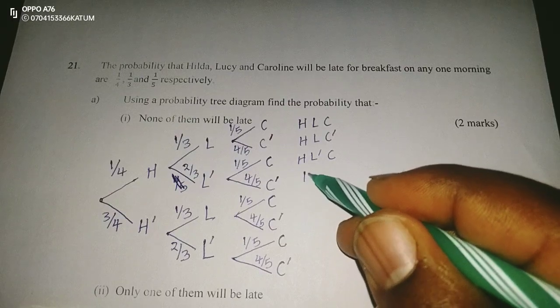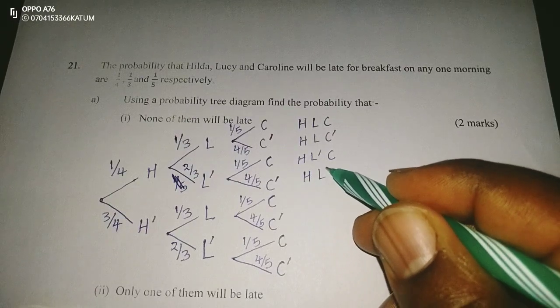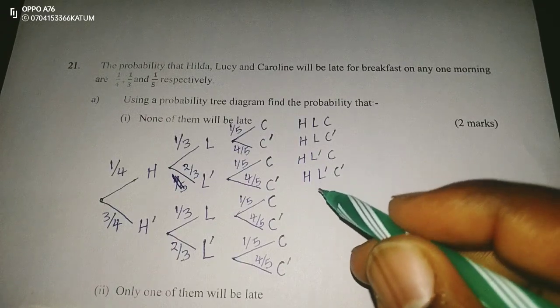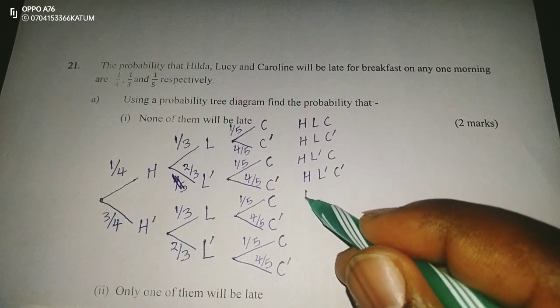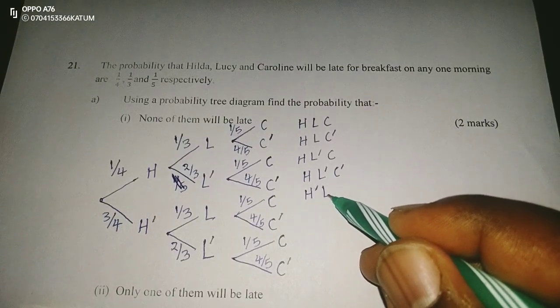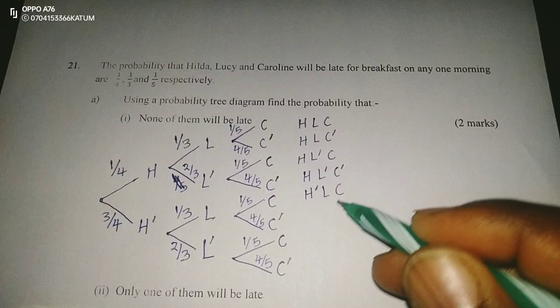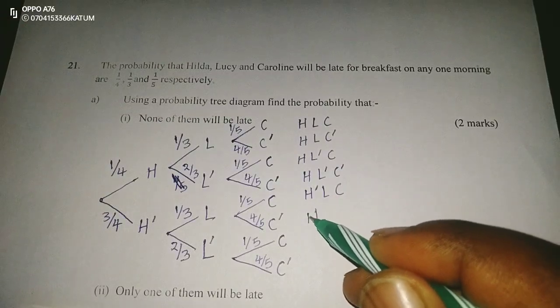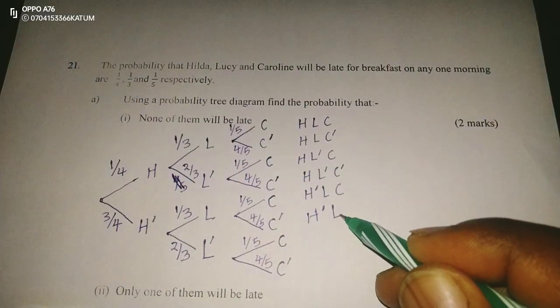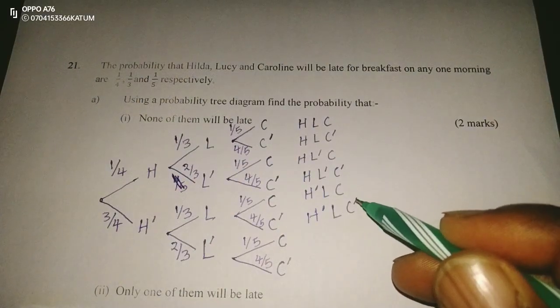The next is H late, L not late, and C not late. Then here we begin with H not late, L late, and this one late.